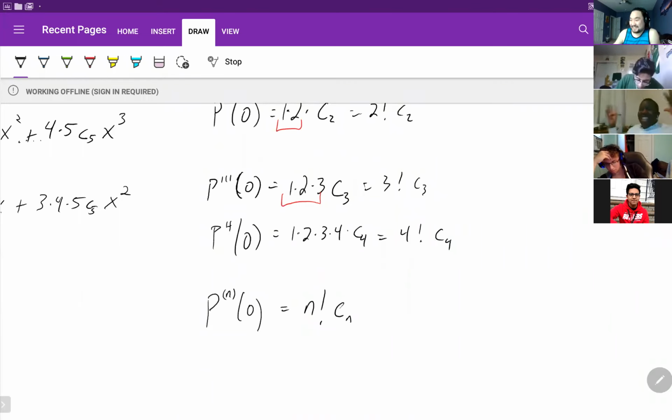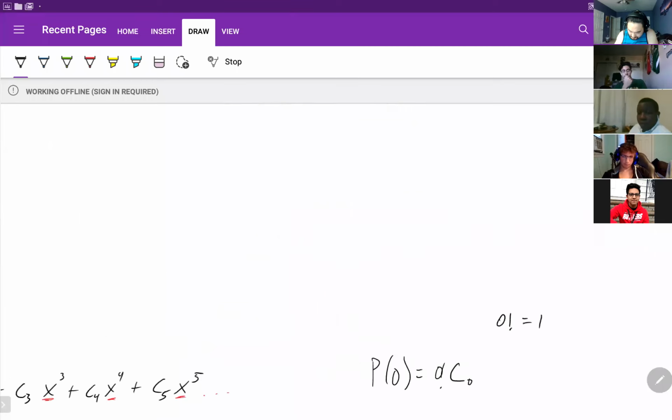What this means is, so long as we know what function we're investigating, we can plug in the derivatives of that function, then plug in 0, and whatever it spits out, we can figure out what the sequence is.